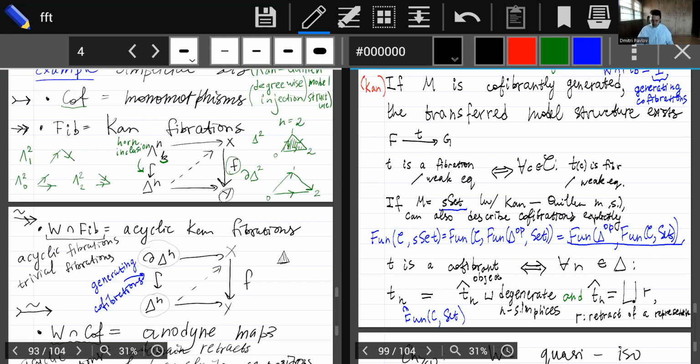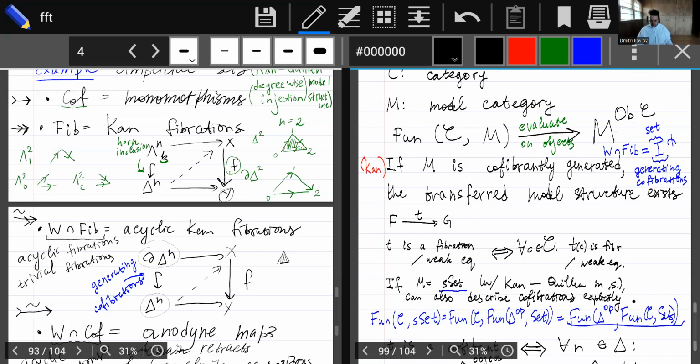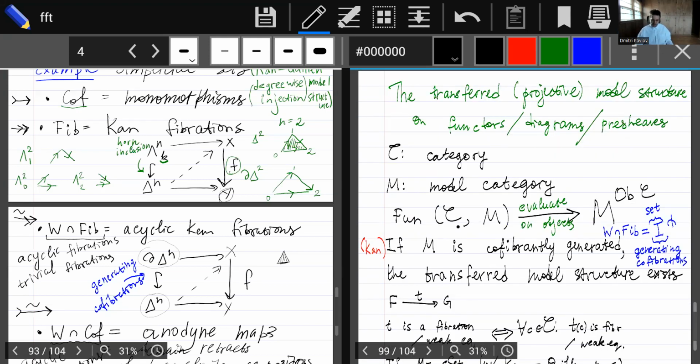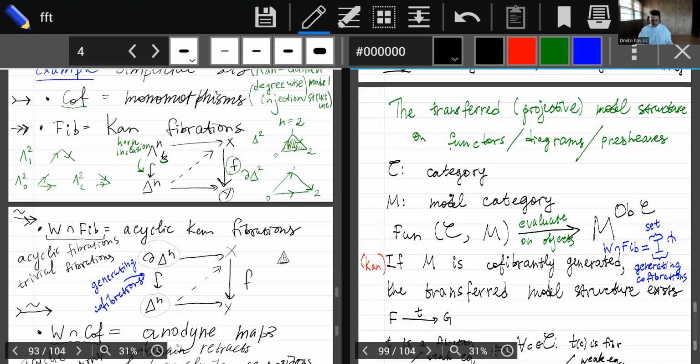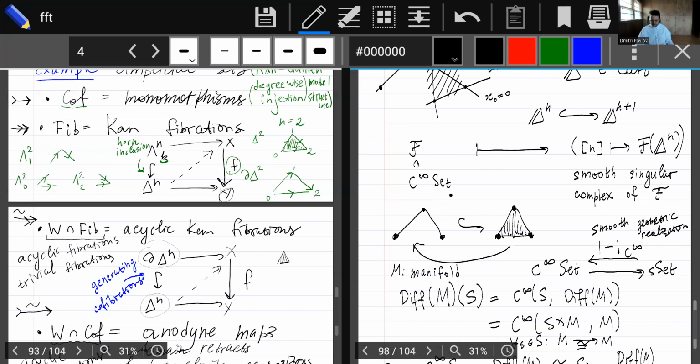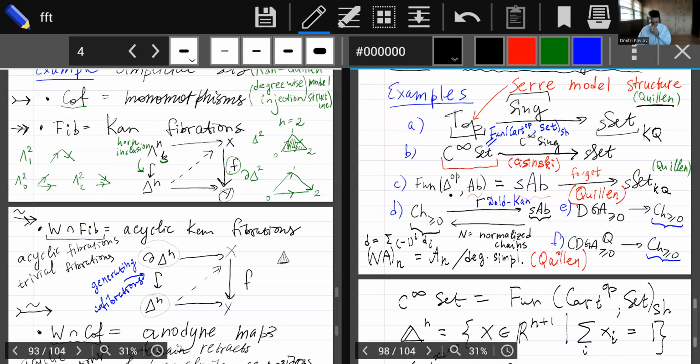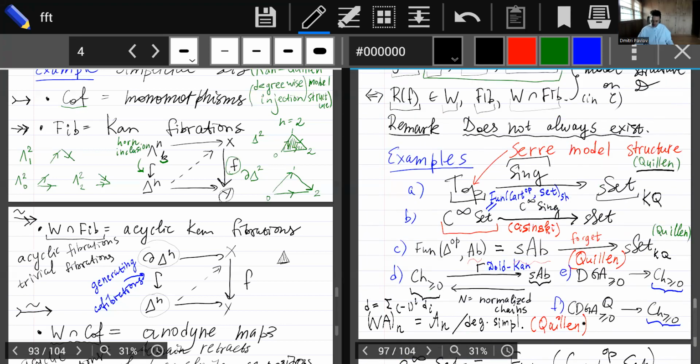And the only other intuition you can keep in mind is that weak equivalences are created by the forgetful functor. So in all these examples, the weak equivalences are always induced on the level of underlying objects.